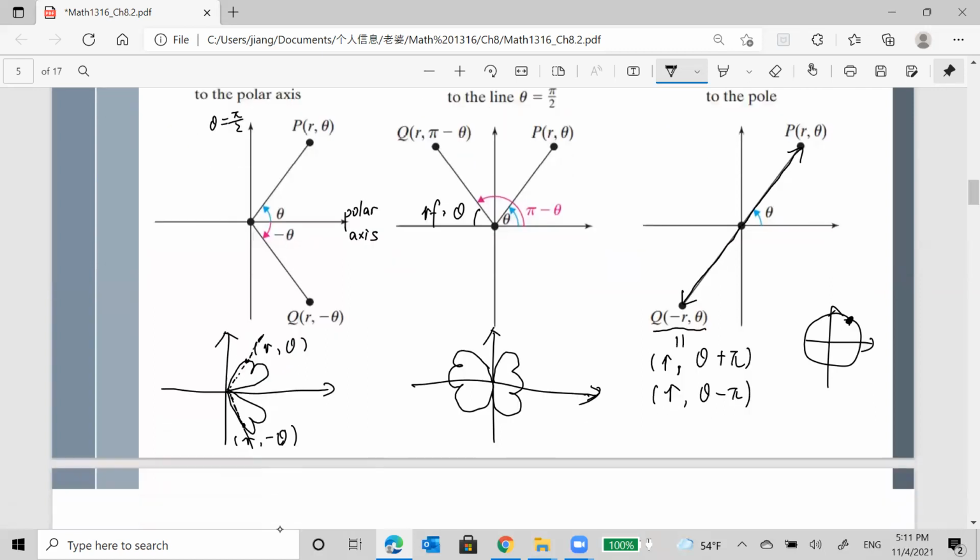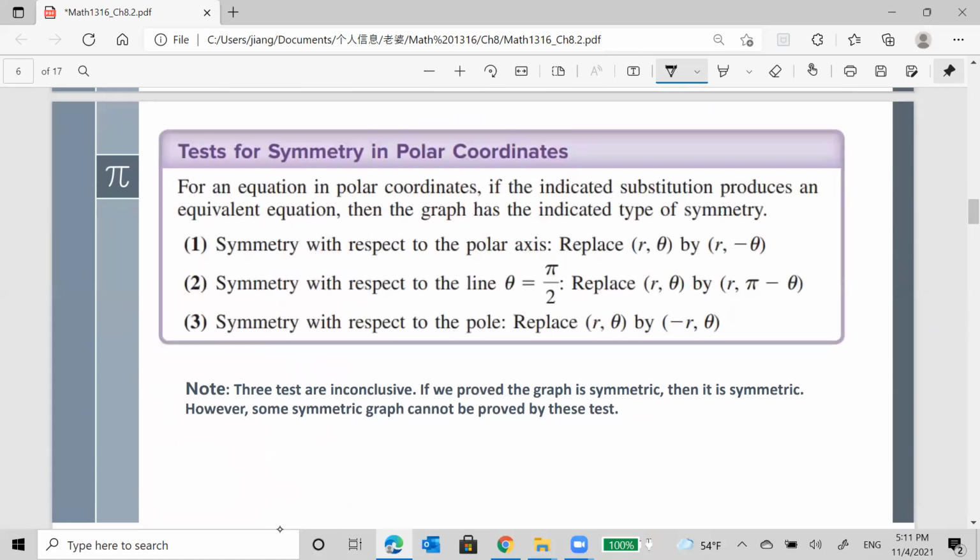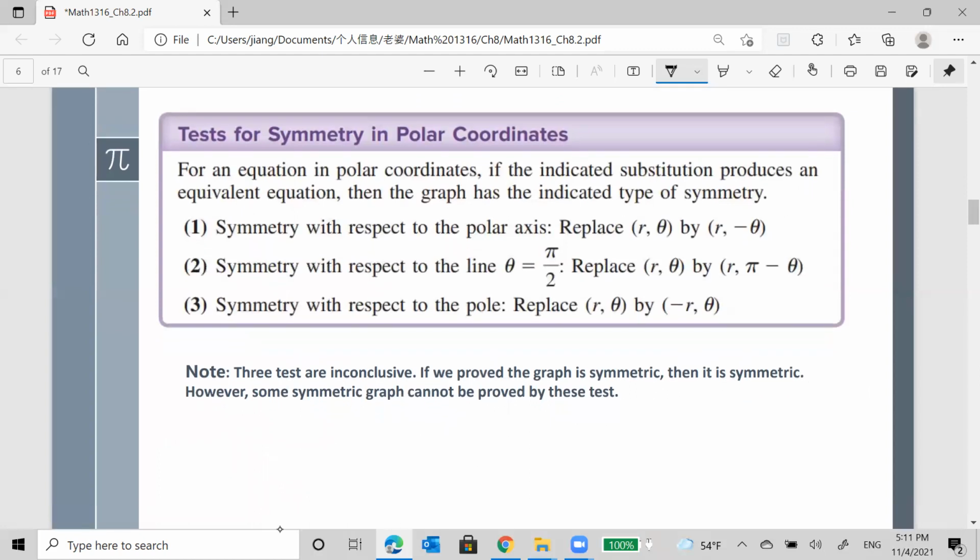Okay, let's move on. Test for symmetry in polar coordinates. We have learned 3 kinds of symmetry. If I have an equation, the first step, for symmetry with respect to the polar axis, I can replace the point (r, theta) by (r, negative theta).